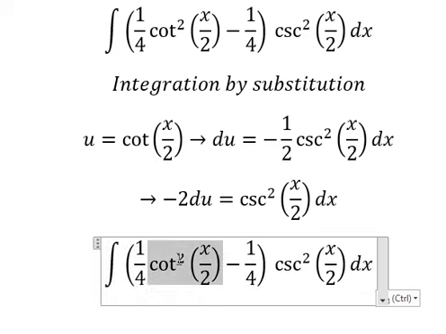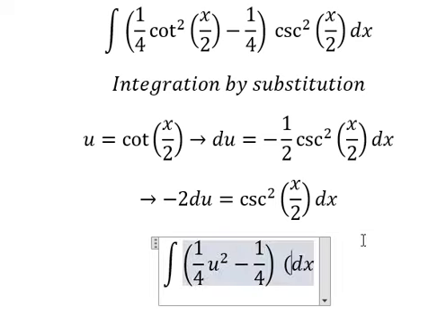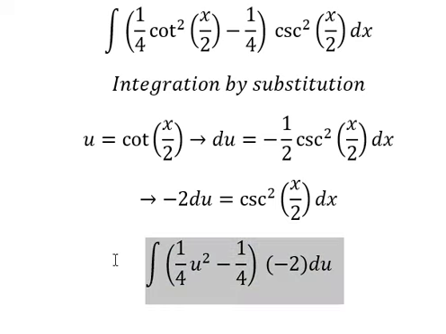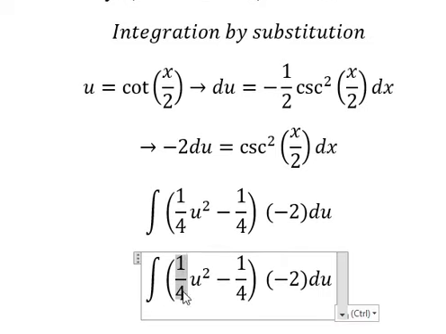This one we change for u. This one we change for negative number 2 du. So negative number 2 multiplied by this one and this one.